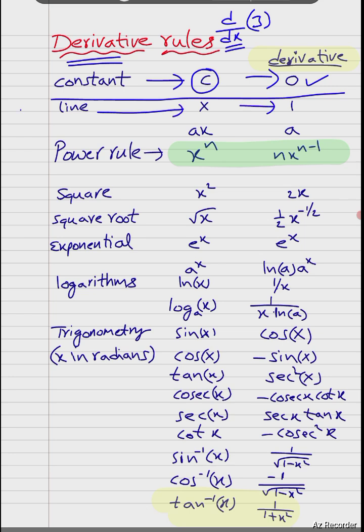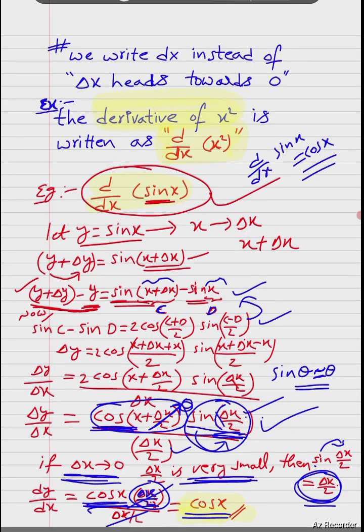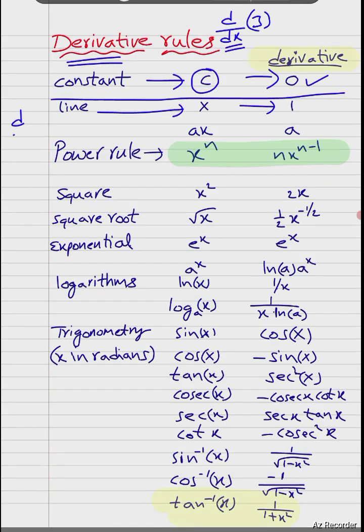That means d by dx of x is 1. It doesn't mean that dx by dx cancel and it is equal to 1.